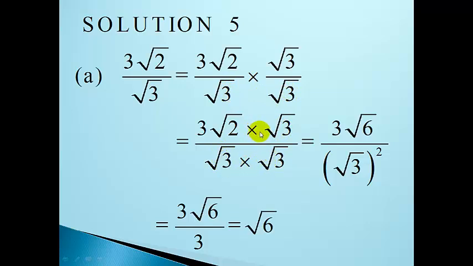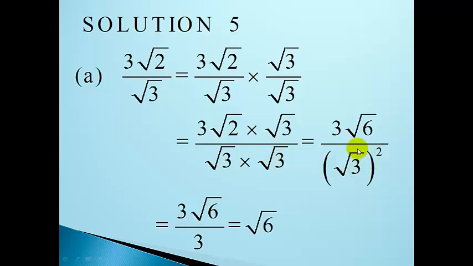Now, the coefficient of the surd root 3 equals 1. So we multiply 1 by 3, and 3 times 1 is equal to 3. Now, the square root of 2 times the square root of 3 is equal to the square root of 6. So we have 3 root 6. The square root of 3 times the square root of 3 is equal to the square root of 3 all squared.